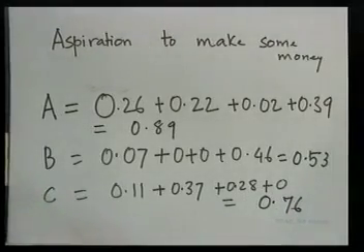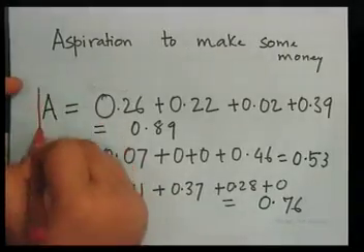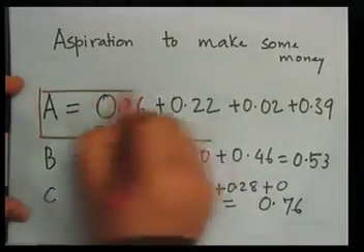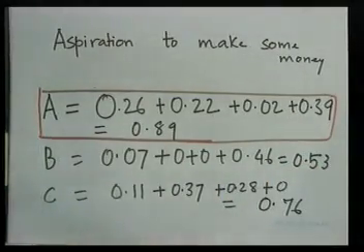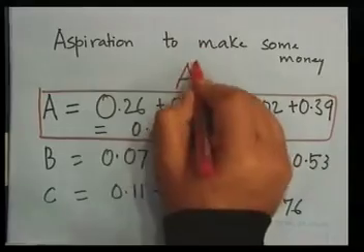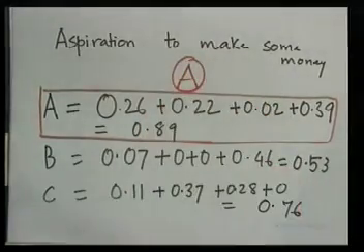So, what do you find? For alternative A, you have the maximum value. So, if you are going to use the aspiration level criterion and you are aspiring to make at least some money, you will go for alternative A. Alternative A would be the most preferred one.